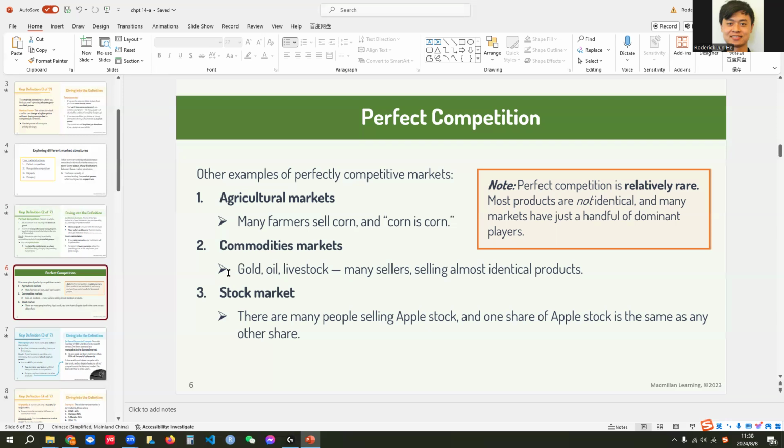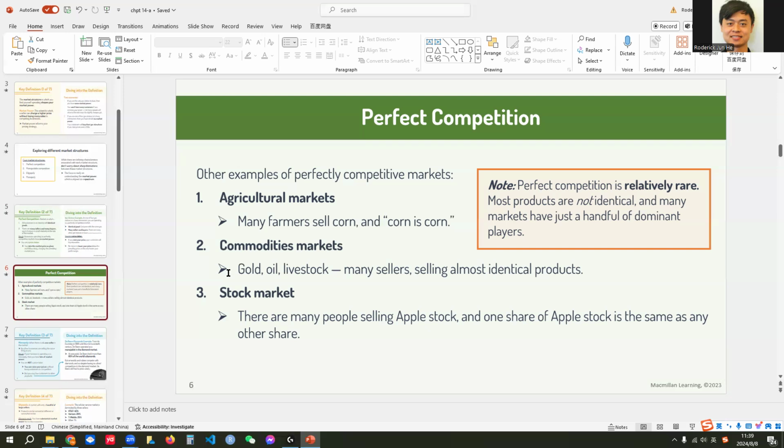Stock market, there are many people selling stocks, and one share of Apple stock is the same as other share, right? Remember, the stock market is what we call second-hand market. So basically, after the IPO, after the initial publication, right? Then it has nothing to do with Apple.